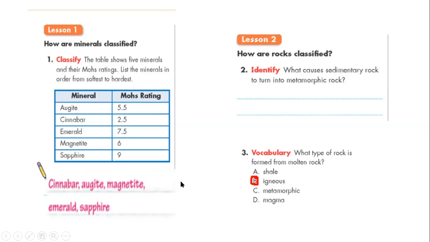Now, what causes the sedimentary rock to turn into metamorphic? Heat and pressure. What type of rock is formed from molten rock? Now we revise it. Igneous rock.